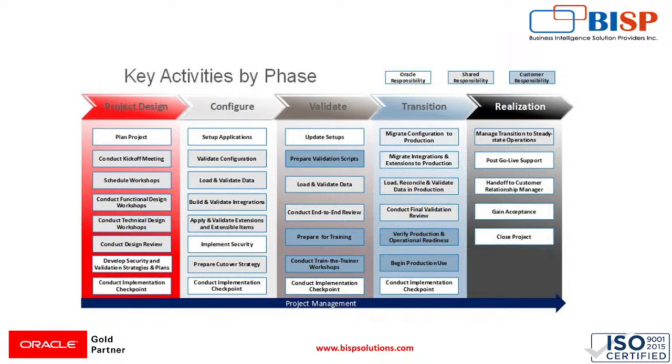Okay, now here you can see the key activities by phases: the Oracle responsibility, shared responsibility, and customer's responsibility. The key activities start with designing the project. This is a broader sense of the OUM. You can see in the highlighting, the white is the Oracle responsibility, that is the application responsibility, and the gray ones are the shared responsibility.